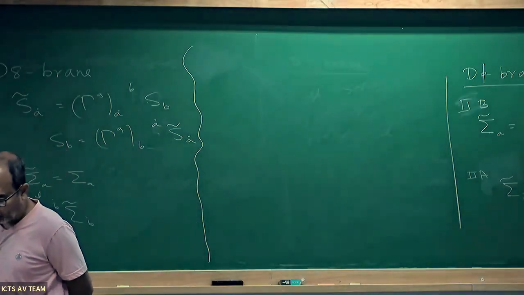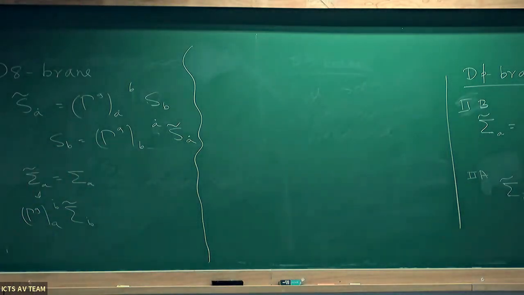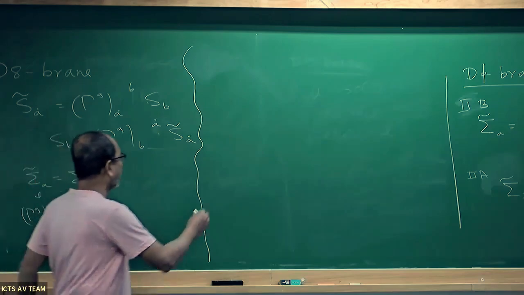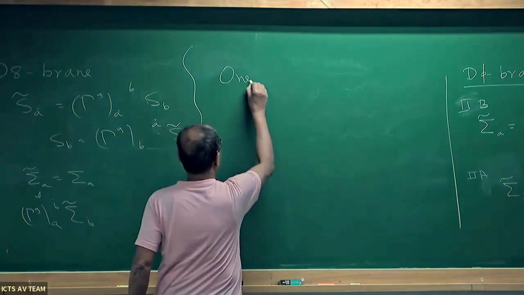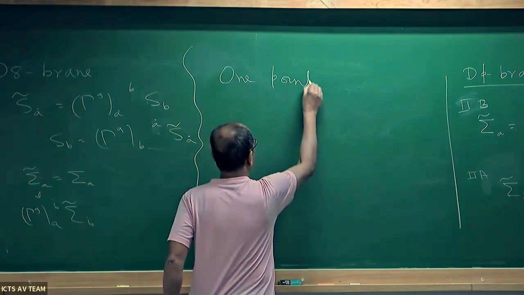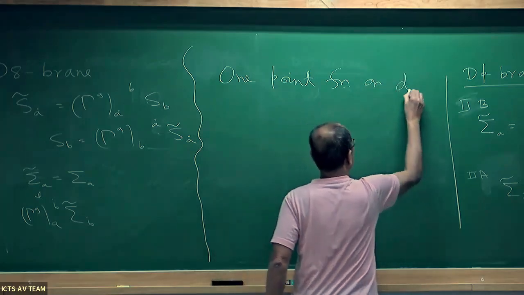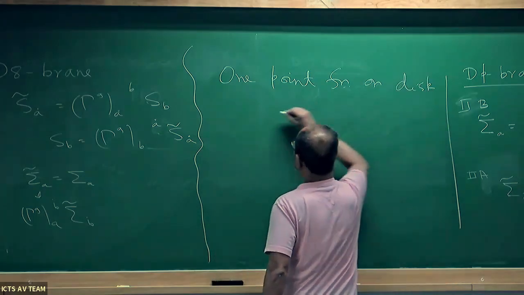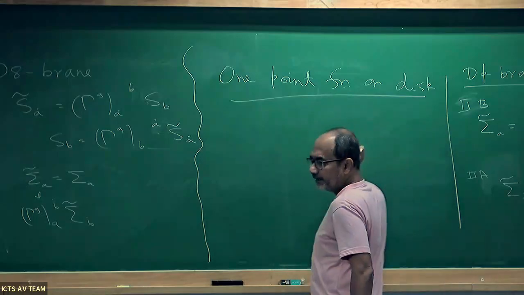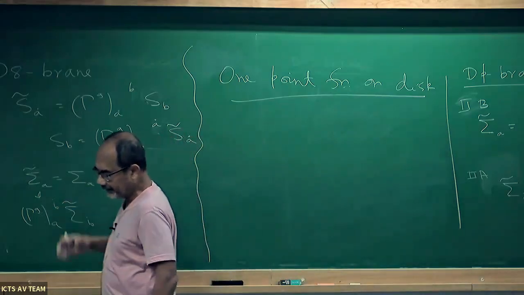Now, the calculation of the one-point function on the disk. In this case, you have an open string worldvolume, so you have to calculate the one-point function on the disk. This involves some new challenges. Now, why the disk? You can start with the genus expansion.